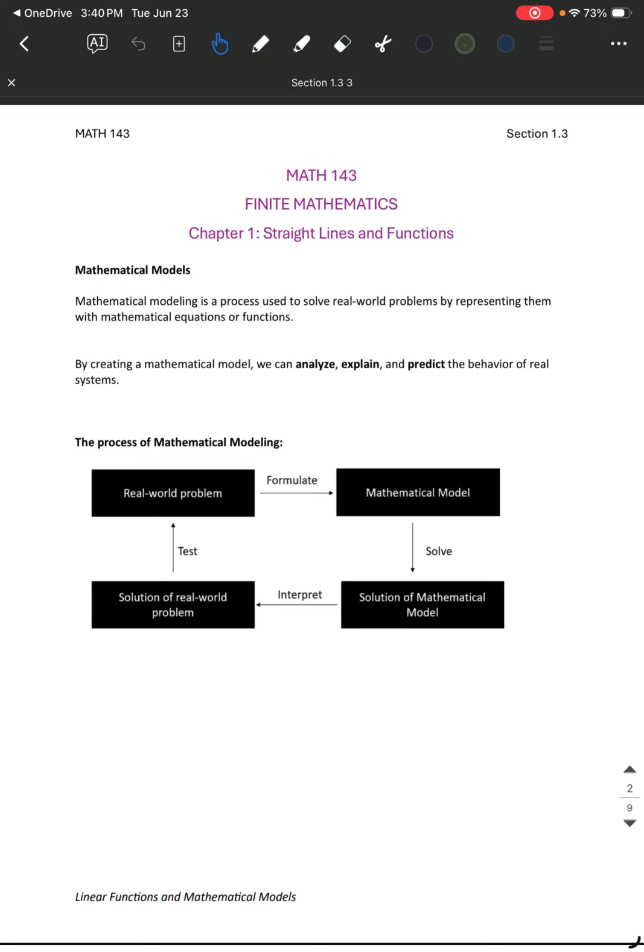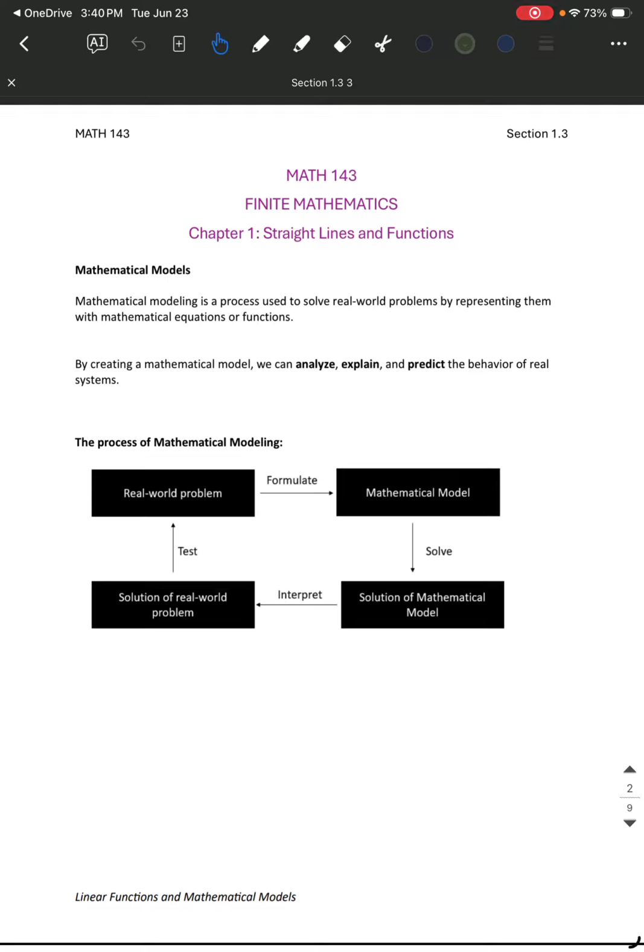So these models allow us to analyze a situation, explain how a system behaves, and predict future outcomes. Let's see some examples. For example, businesses use models to estimate the profit. Banks use models to predict the loan payments. Engineers use models to design structures.